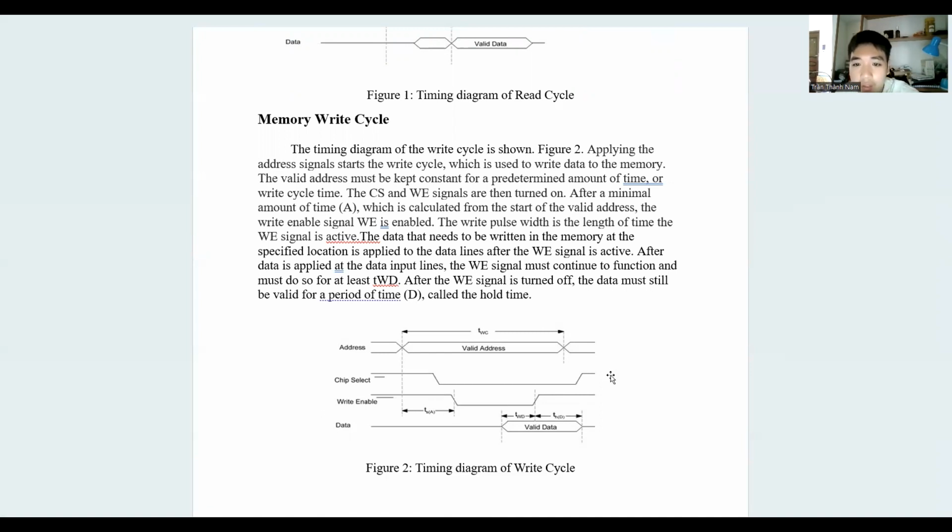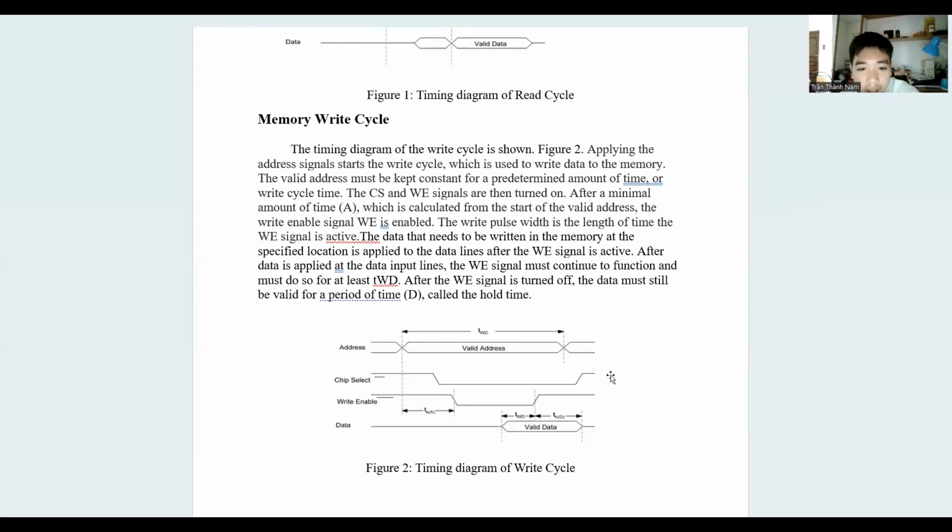The write pulse width is the length of time the WE signal is active. The data that needs to be written in the memory at the specific location is applied to the data line after the WE signal is active.